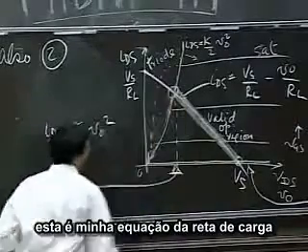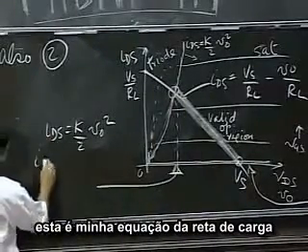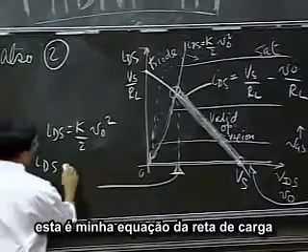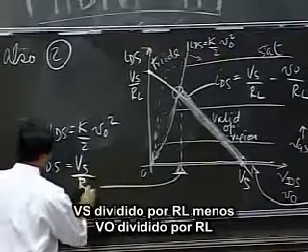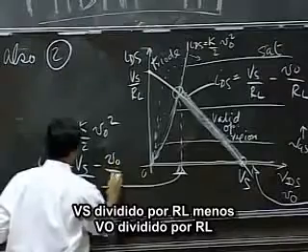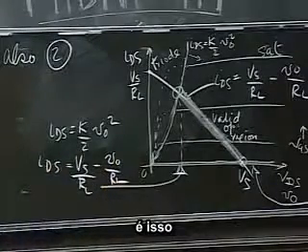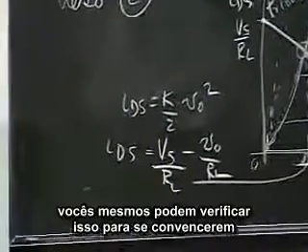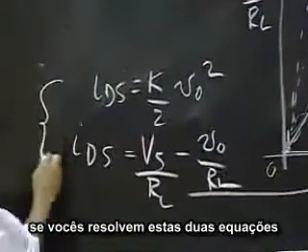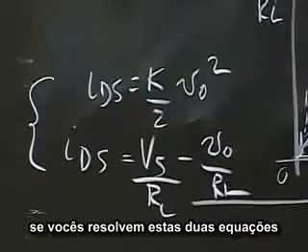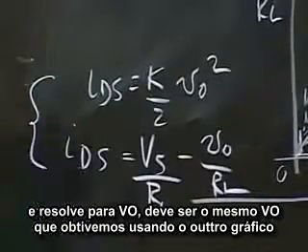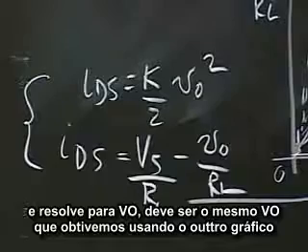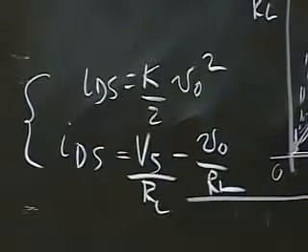And this is my load line equation. So it's VS divided by RL minus V naught divided by RL. That's it. So I won't go ahead and solve that for you. You can go and check it out and convince yourselves that if you solve these two equations and find out the V naught for this, it should be the same V naught that we obtained using the other graph.